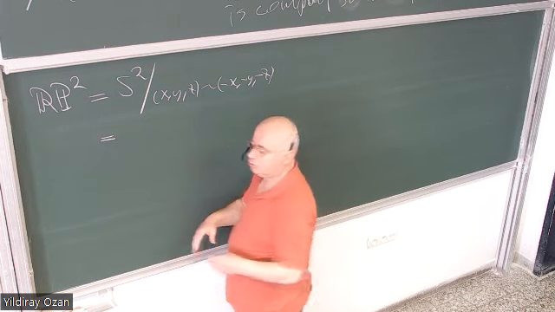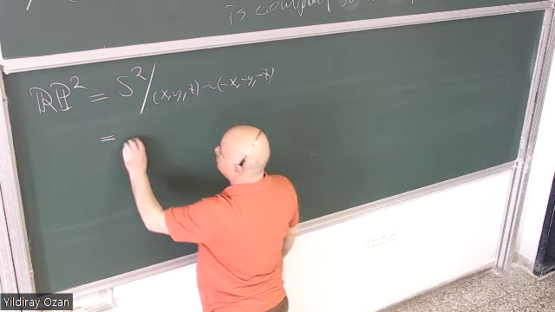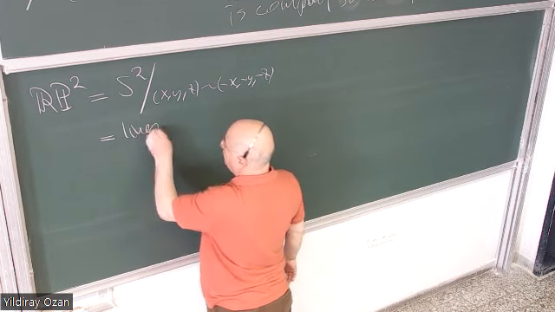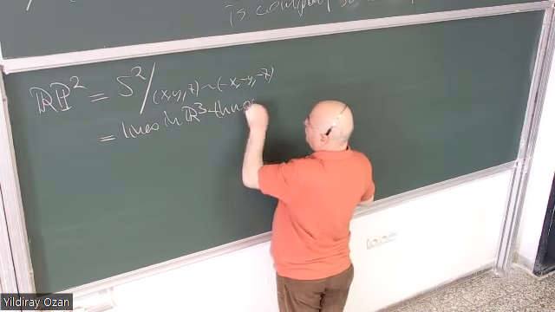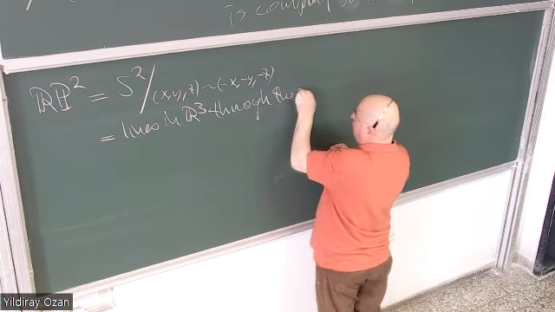Let me go back to the previous description. Lines in R3 through the origin.